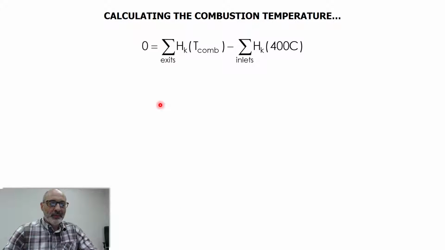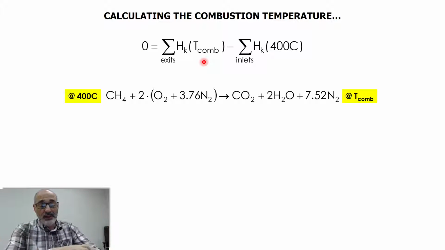No problem. In this equation, we know the enthalpies of every species, oxygen and nitrogen, and we also know the relation of enthalpy of every output species, CO2, H2O, and nitrogen, with respect to the combustion temperature. So we have to express these enthalpies in terms of this temperature in order to solve this equation to calculate the combustion temperature. Let's see how this can be done.